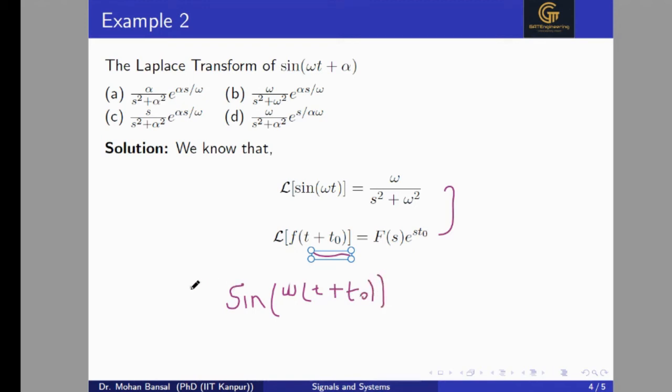Then if we compute the Laplace transform of this function by combining both of the above properties, we can write it as omega divided by s square plus omega square into e to the power s t naught, because our F(s) is nothing but that of sine omega t here, and that is shifted by t naught.